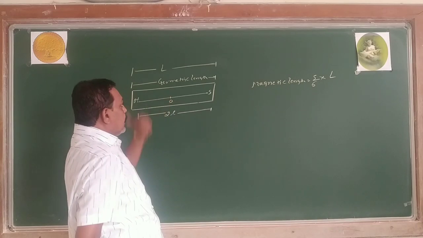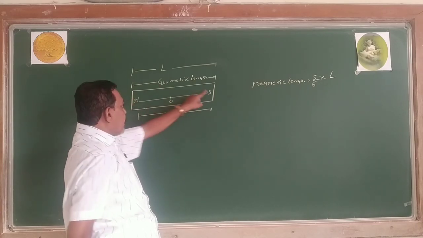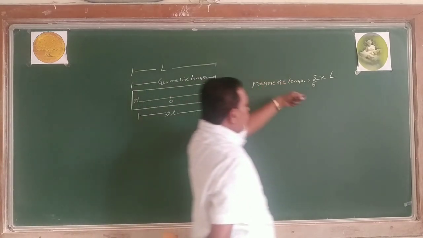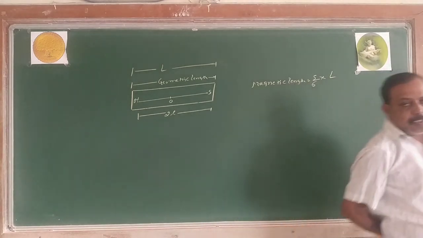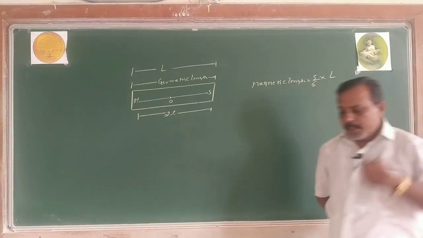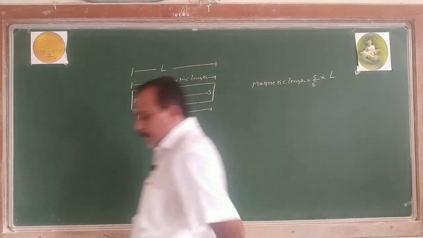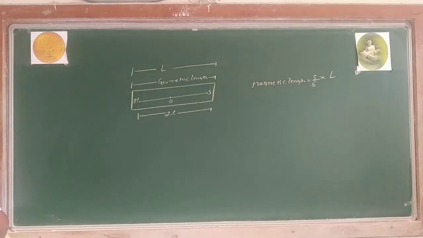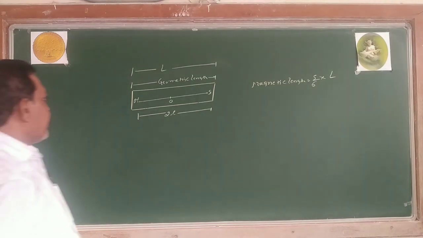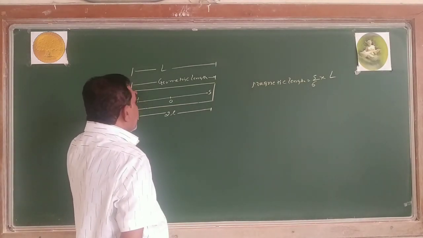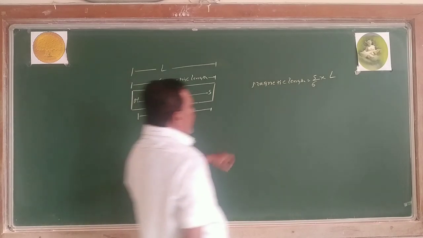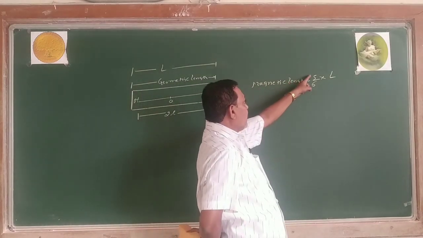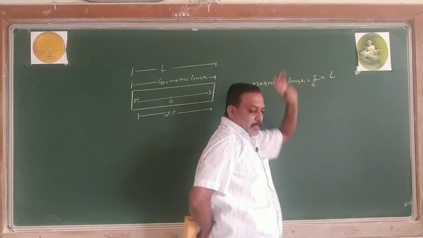It means the geometric length is greater than the magnetic length, which indicates the two poles are not exactly at the ends of the magnet, they are somewhat inside. The length between the two magnetic poles is 5 by 6 times the geometric length.